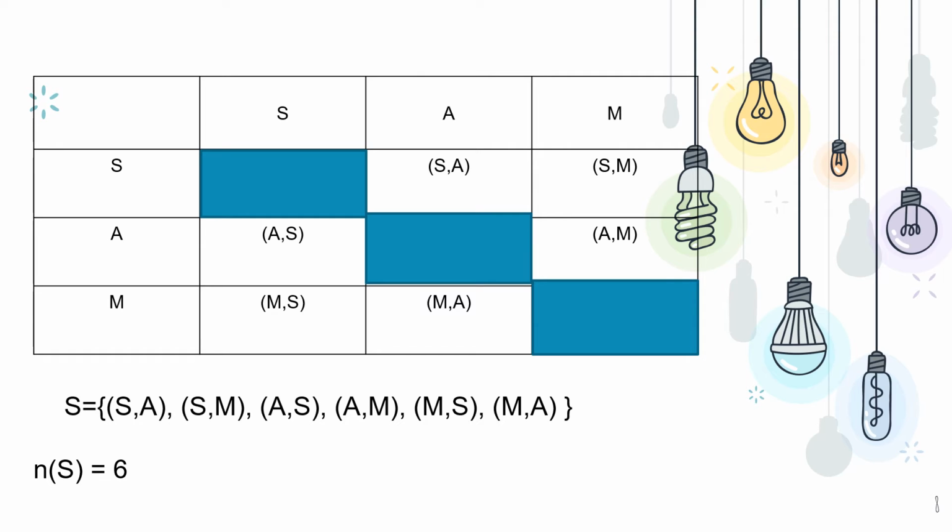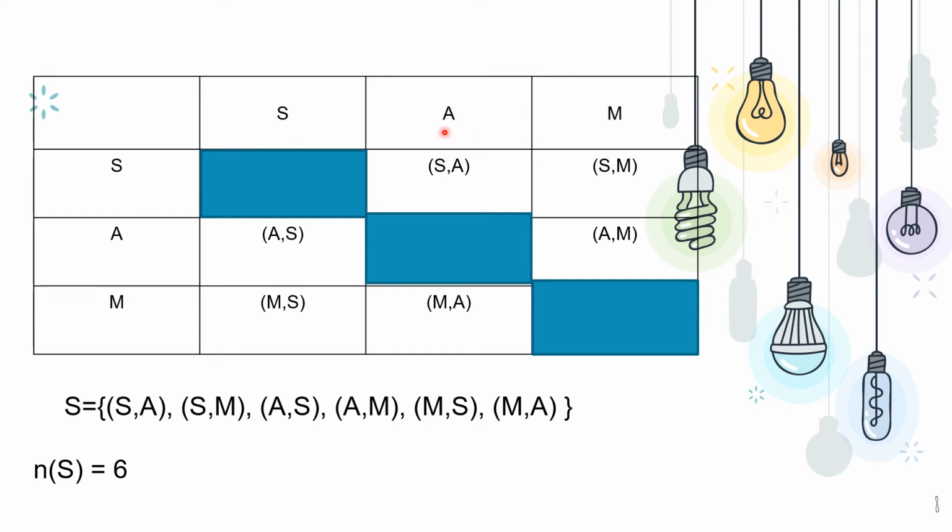The other method is that we can also use a table to find all the possible outcomes. Here is your table. We write down the possible outcomes S, A, M, and here S, A, M. This is for the first event, and this is for the second event. As we know it is without replacement, so SS will not happen.